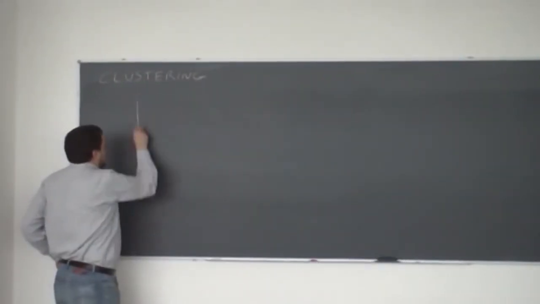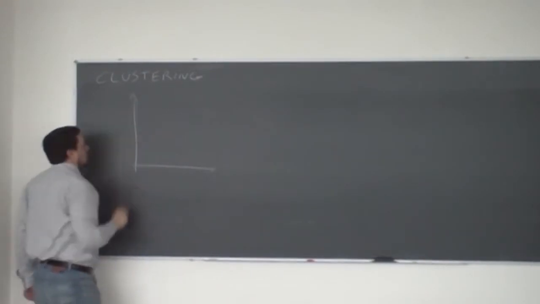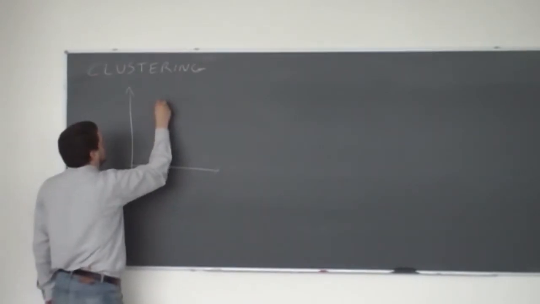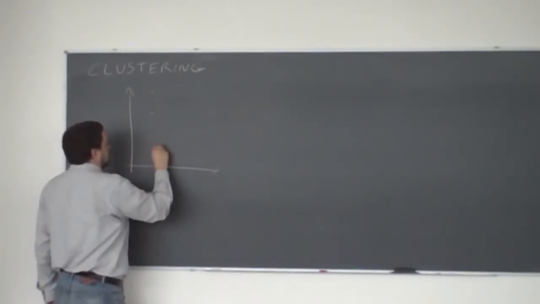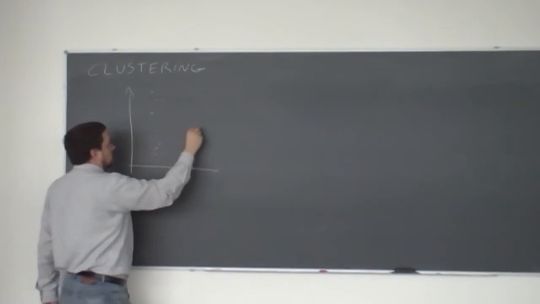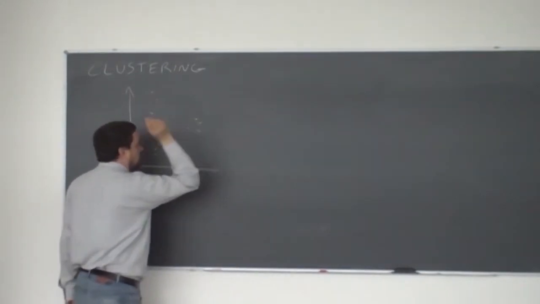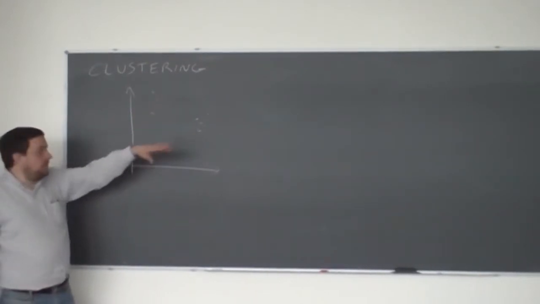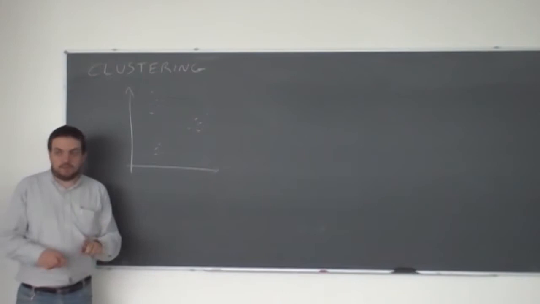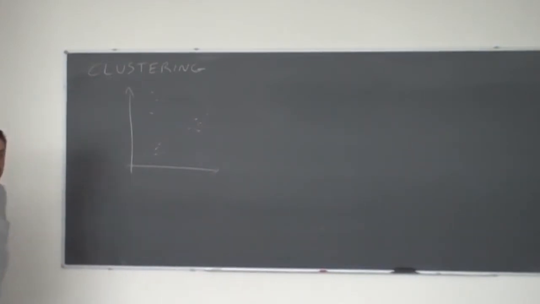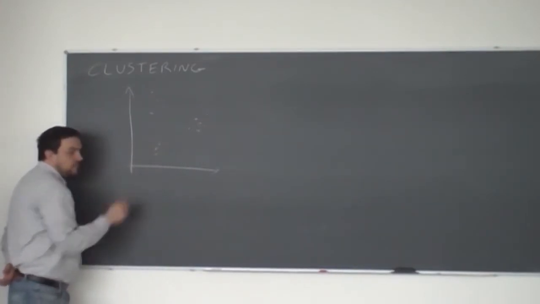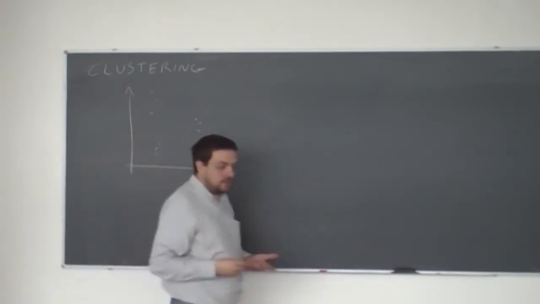And clustering simply means this. For example, if you have some items that in some kind of representation are represented like this. For example, you take two different features of a movie set, like the last time, and you plot every movie as a point in this two-dimensional plane.